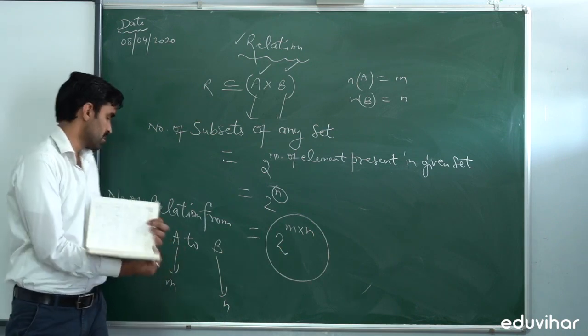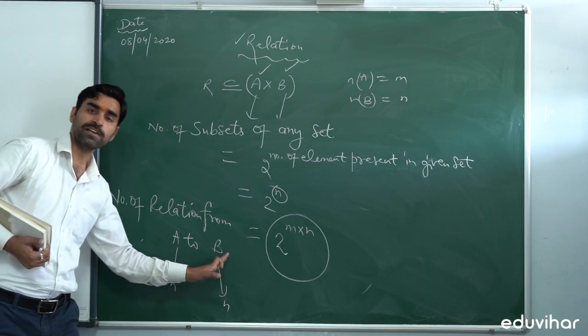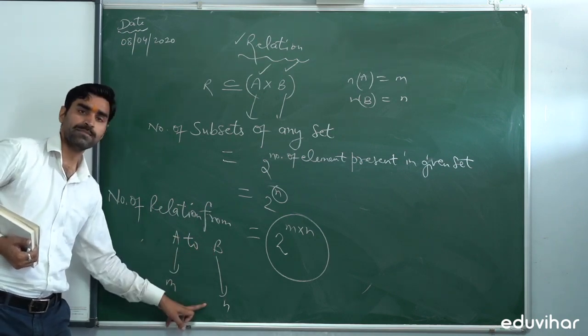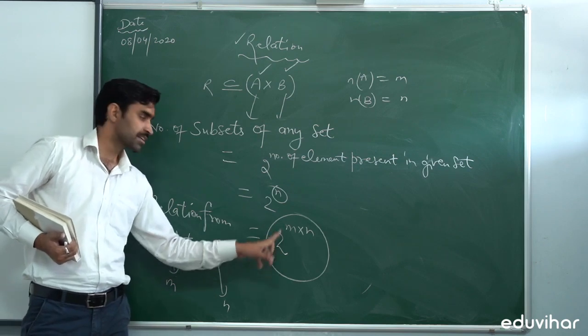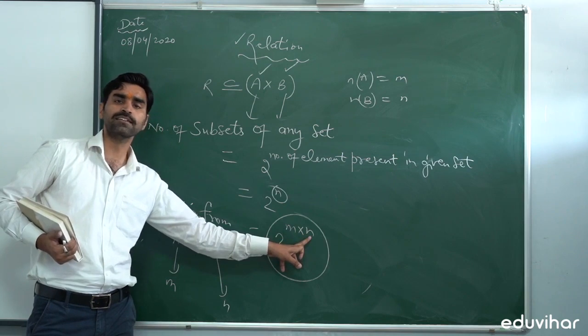Here we learn how to find the number of relations from set A to set B: 2 raised to the power of the number of elements in set A times the number of elements in set B.